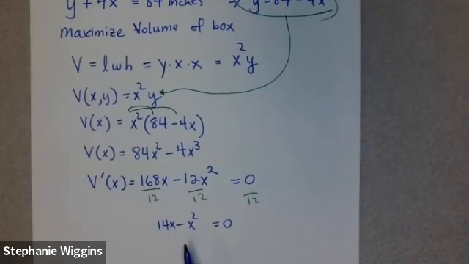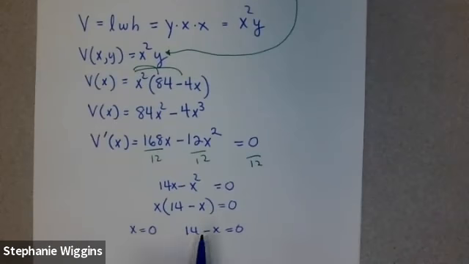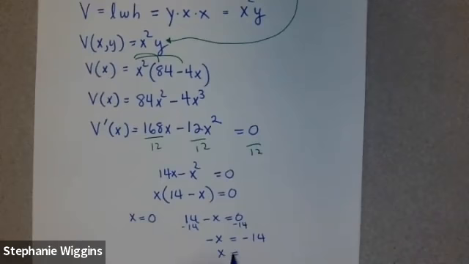Notice that I have a common factor of X, so I can take X times 14 minus X equals 0. If I set each one equal to 0, subtracting 14 from both sides gives me negative X equals negative 14, or if you will, X equals 14.